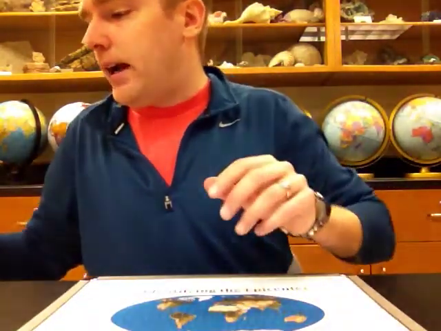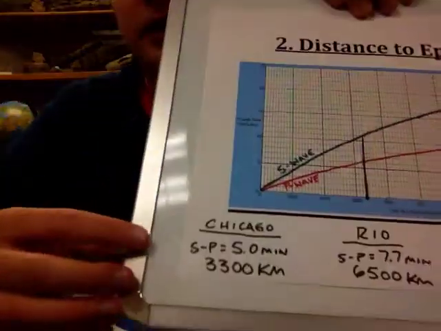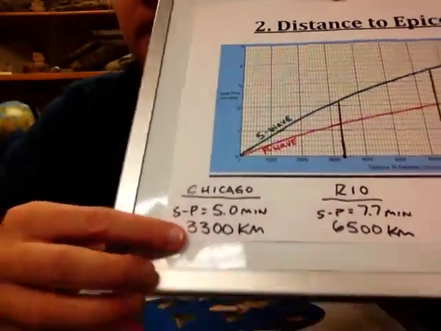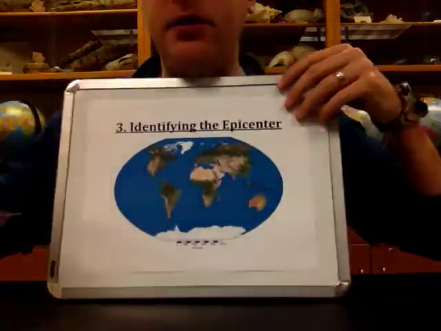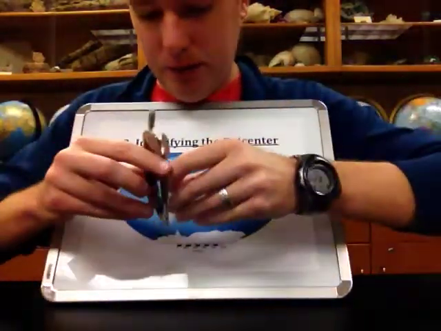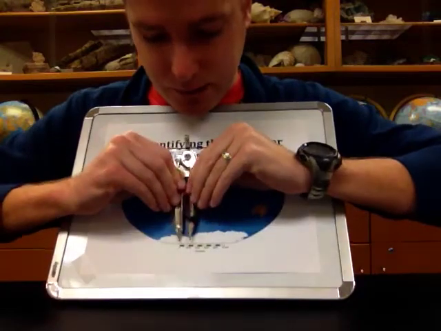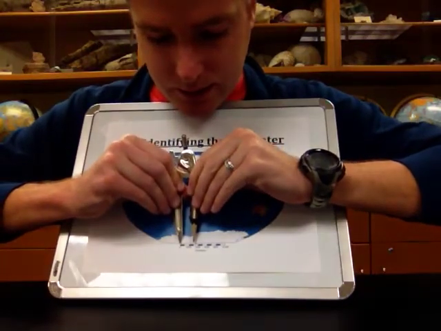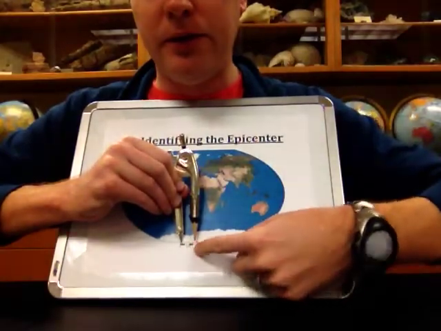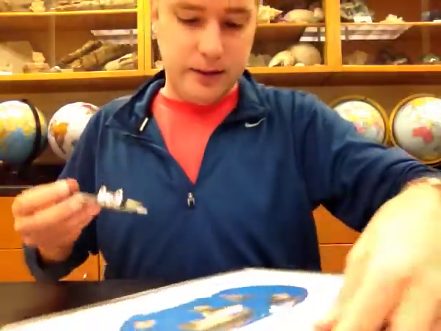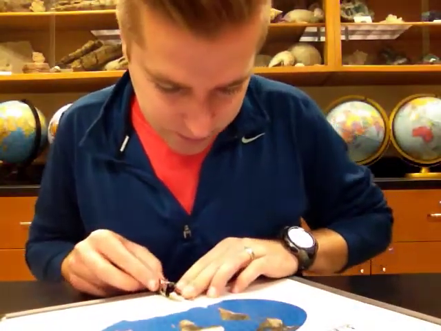Let's first start with Chicago. Our distance is 3,300 kilometers. So what we are going to do is take our compass and spread the legs of it until the 2 tips are 3,300 kilometers apart on the scale. I'm going to do that down here.